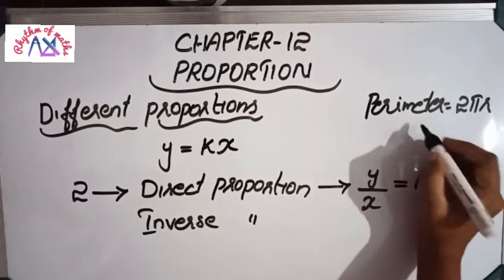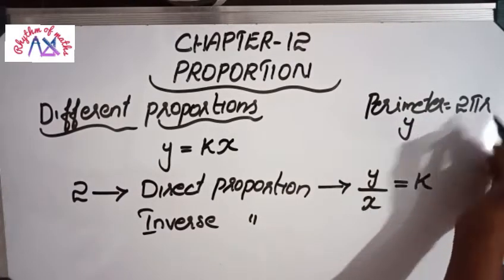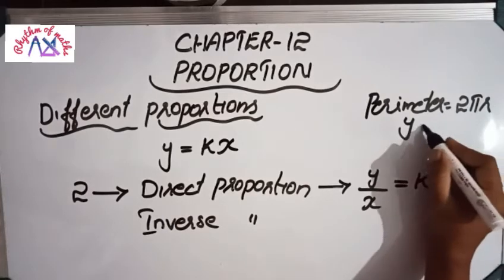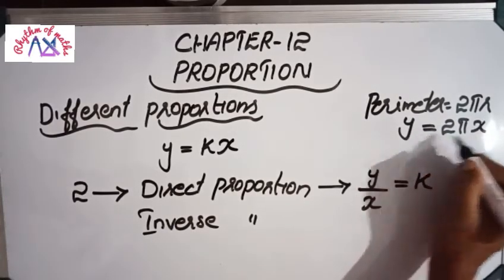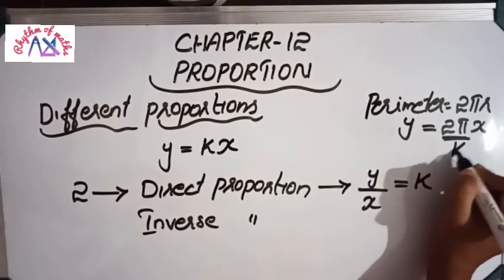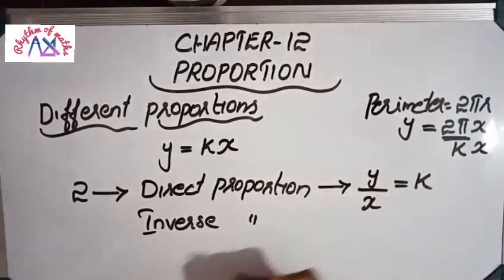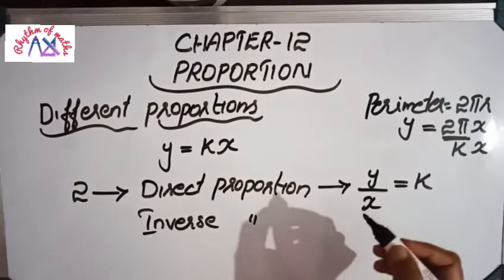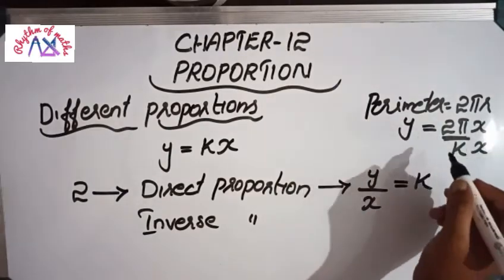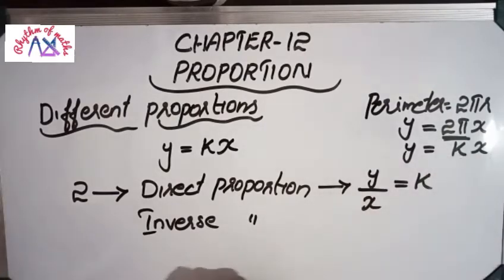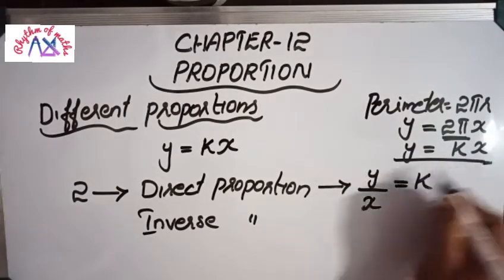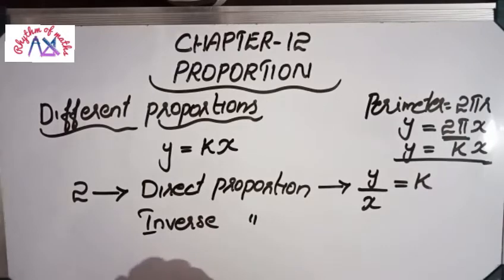Perimeter we consider as y and radius as x, so we got y equal to 2 pi x, where 2 pi can be considered as k. That means the perimeter and radius of a circle are in proportion because we got the equation y equal to kx. So this proportion is known as direct proportion.